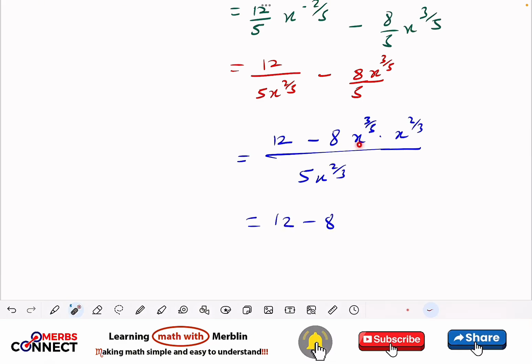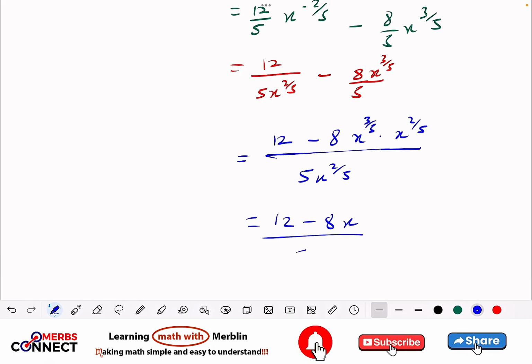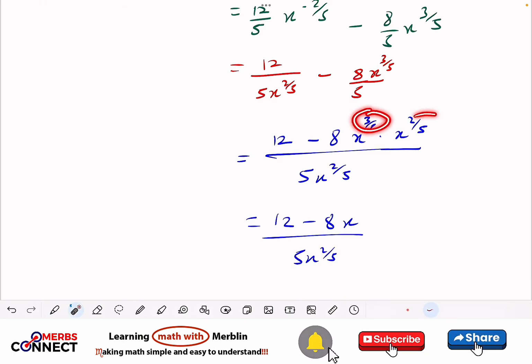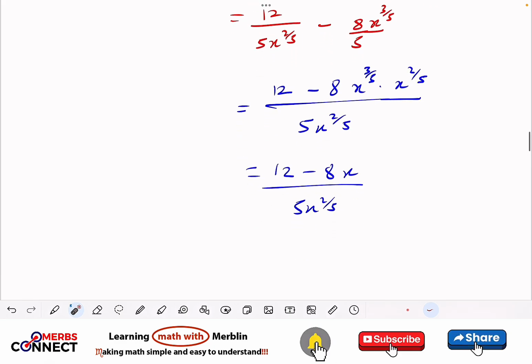The bases are the same, so we need to add the top. And when I add, oops, I think this one's supposed to be 5. Yes. So this one is going to be just x divided by 5x squared divided by 5. Good. So when I add this one, I get 1, which is here.